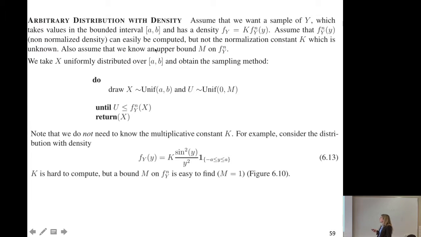Therefore, it's unknown, and we assume now that we know an upper bound of fyn, which is m. Okay?